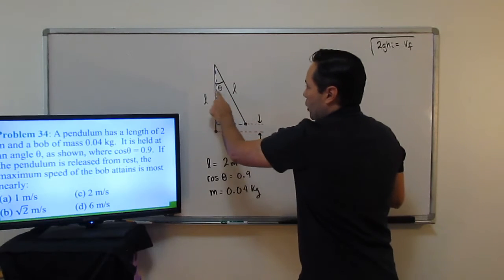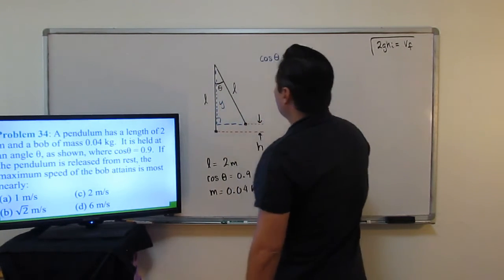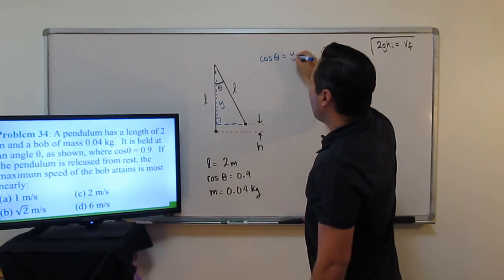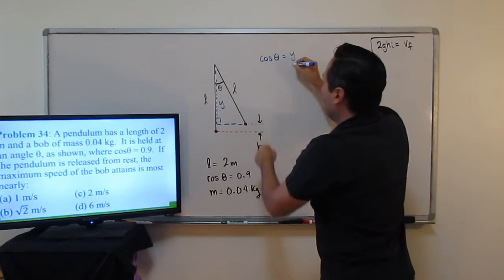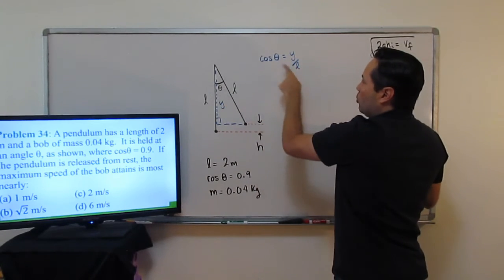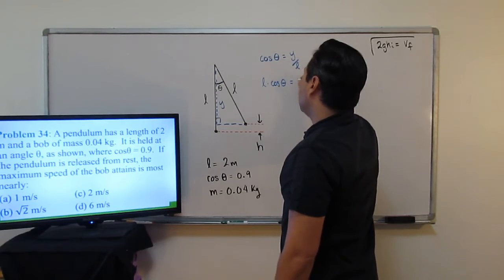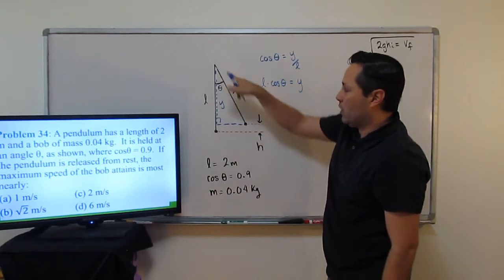Notice how it's adjacent to the angle, so I'm going to say cosine of theta is equal to y over the hypotenuse, which is L. To get the value of y, I'll just multiply both sides by L. So L times cosine theta is equal to y, which is from here to there.